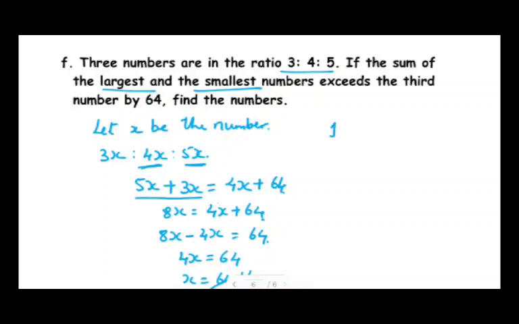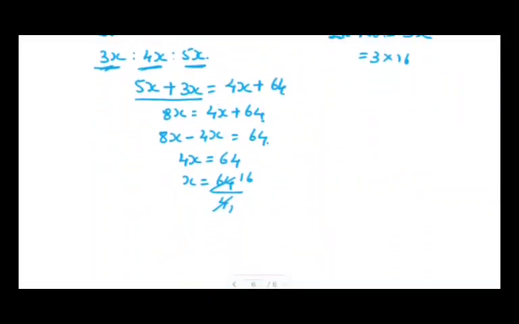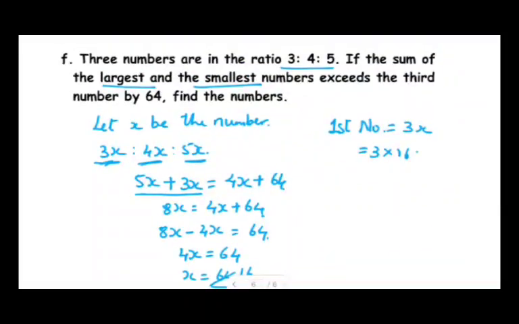So my first number is 3x, so that means I'm going to multiply 3 into value of x, which is 16, correct? We just got it here, is equal to 48, correct?